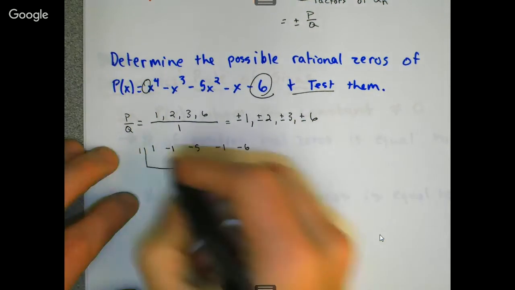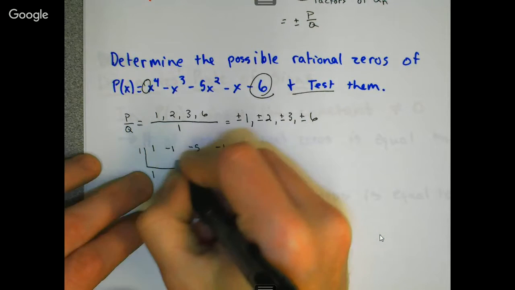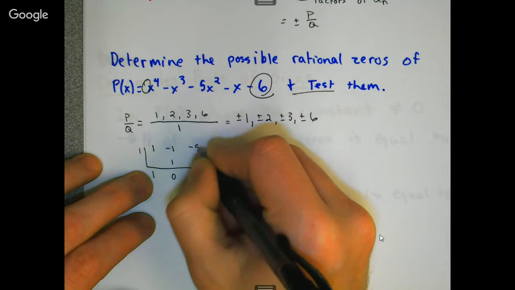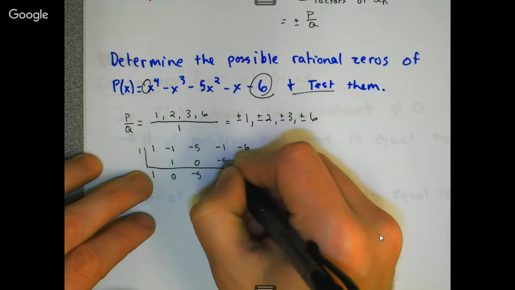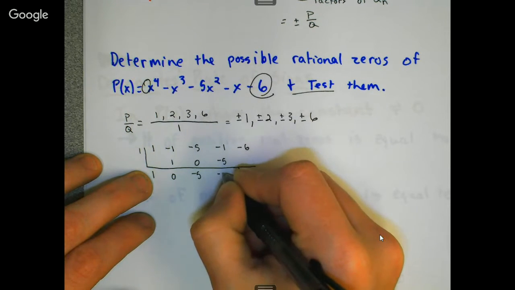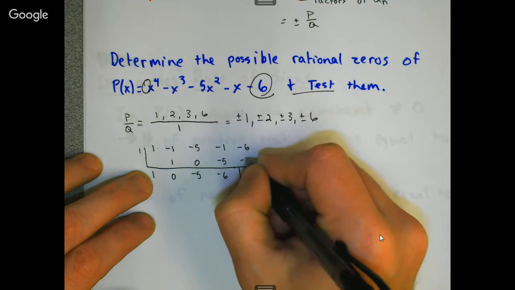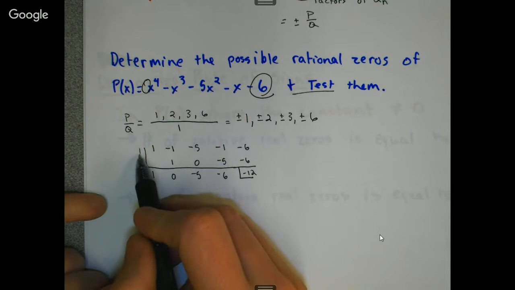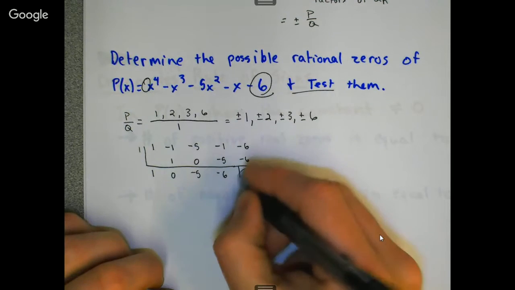So I bring down the 1, multiply, add, multiply, add, multiply, add, multiply, add. So 1 is not a 0 because I did not get 0.